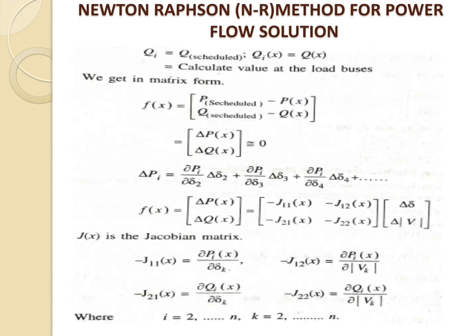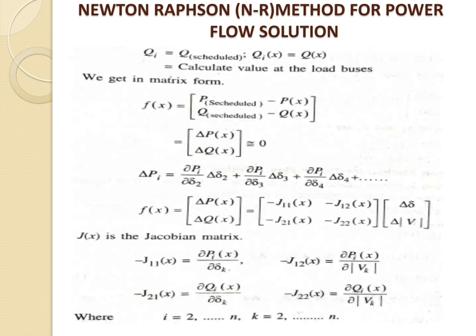In the same way we will write for delta Pi, where delta Pi is equal to del Pi by del delta 2 times del delta 2 plus del Pi by del delta 3 times del delta 3 plus, in this way up to n times. So now we will represent one of the matrices that is considered as a Jacobian matrix.